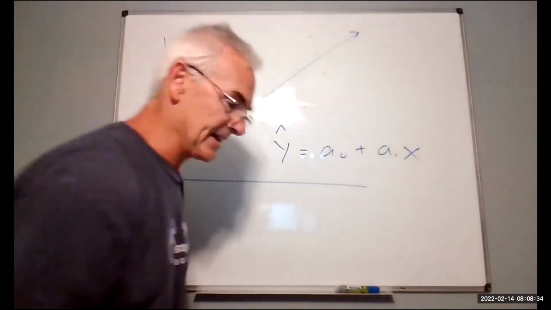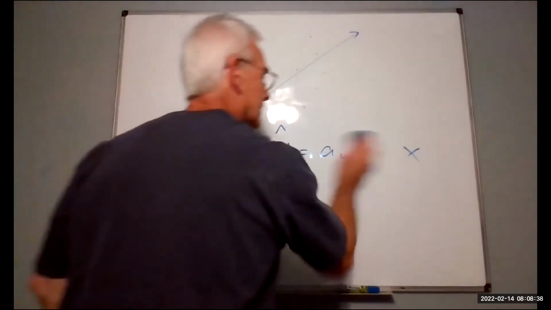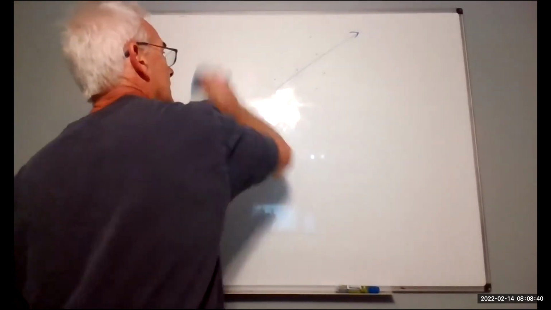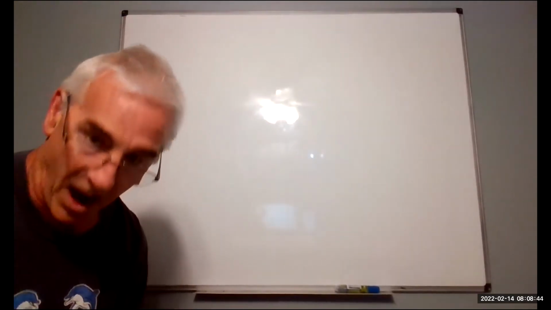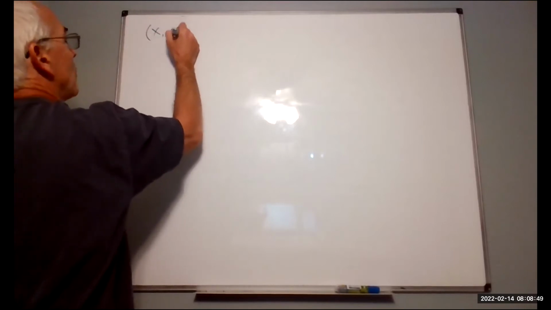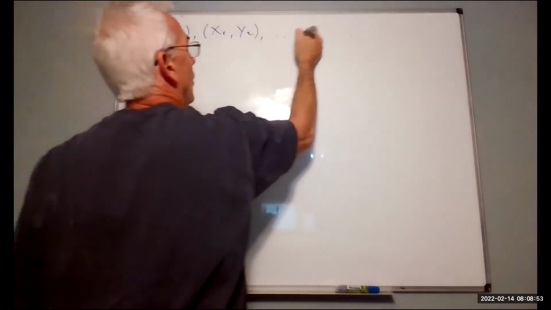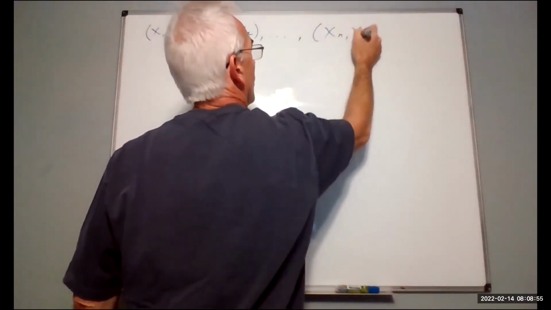Now, with that said, what the line of best fit is going to look like, okay? I'm going to write it like this. I'm going to give you n data points, okay? X1, Y1, comma, X2, Y2, comma, all the way up to Xn, Yn.